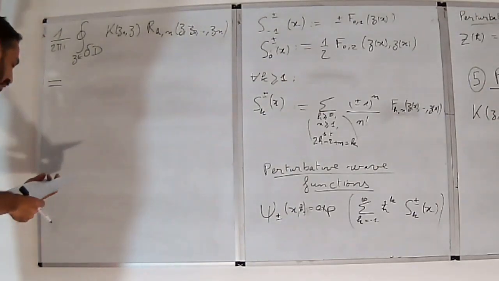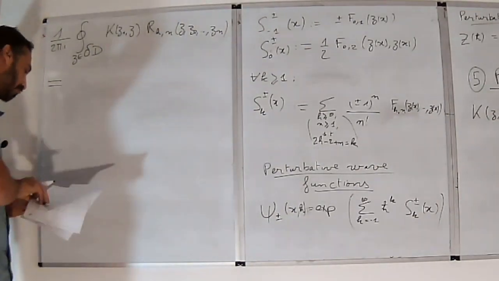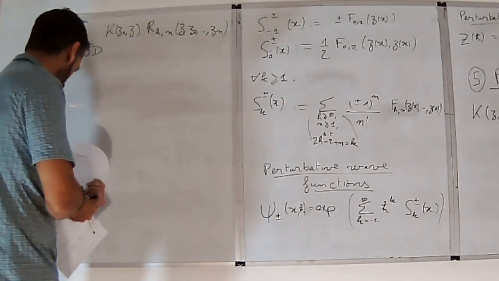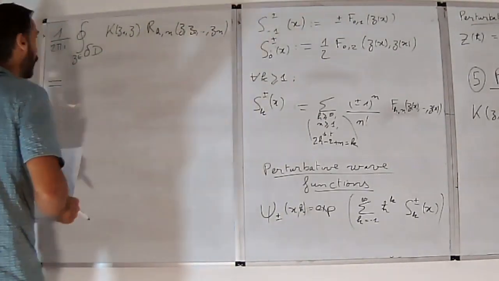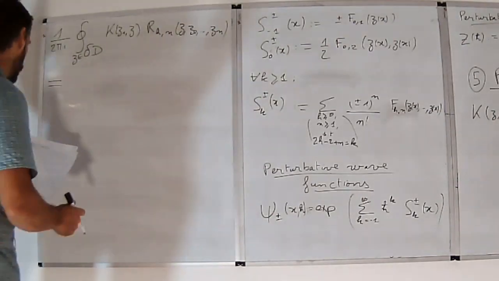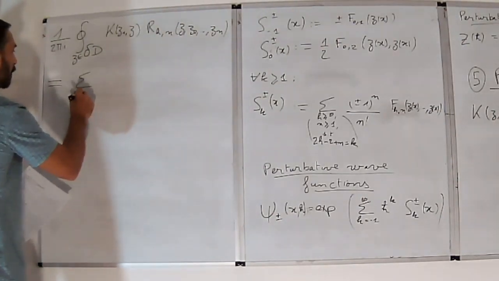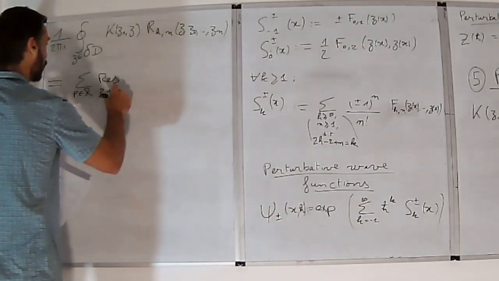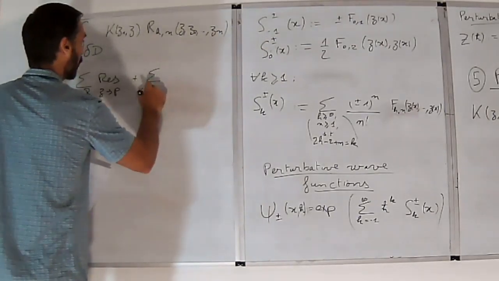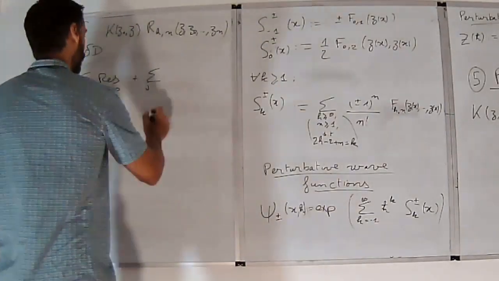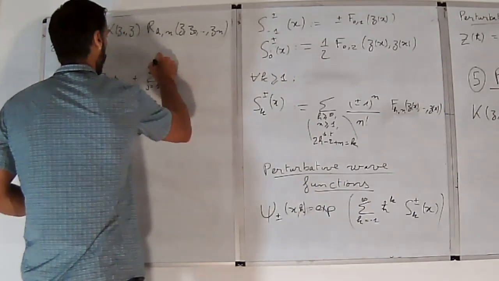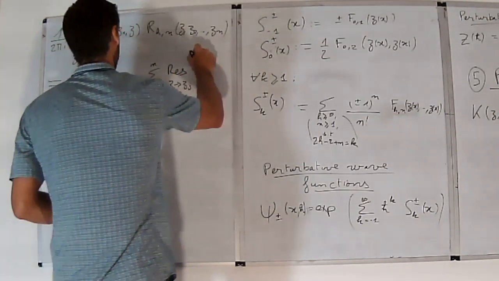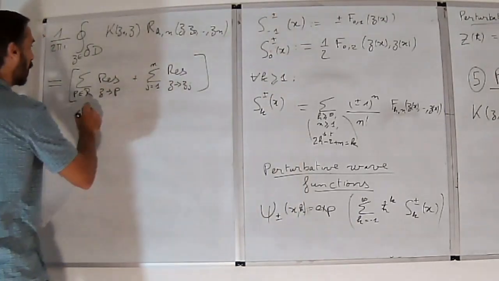And these poles, we can check them. What are they? So as I said, there are poles at the branch points. So there is a sum over P being a branch point, plus a sum over all the i's of the same thing.